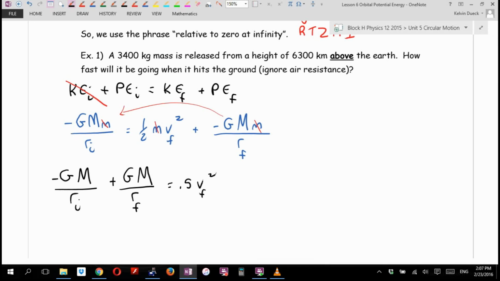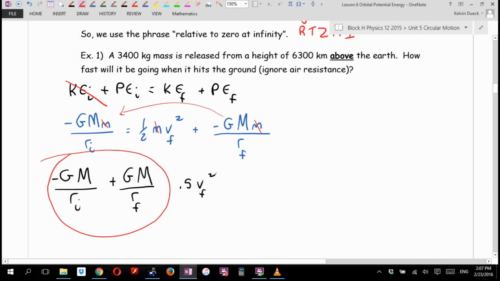I could get rid of the 0.5 by going, don't write this down, times by 2, times by 2, times by 2. No matter what, this is going to be complicated enough that probably I'm going to crunch this whole side on my calculator, get an answer, hit equals, and then I'll divide by 0.5, square root.